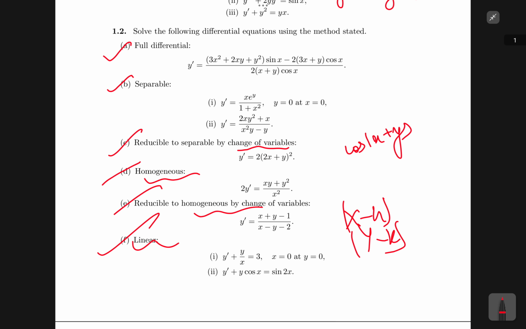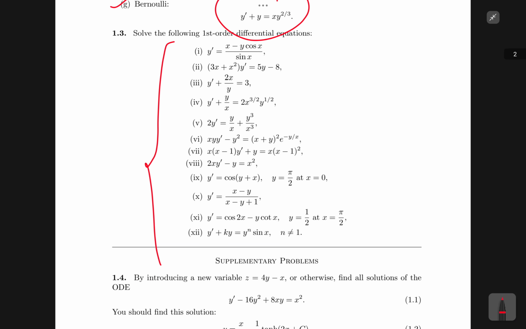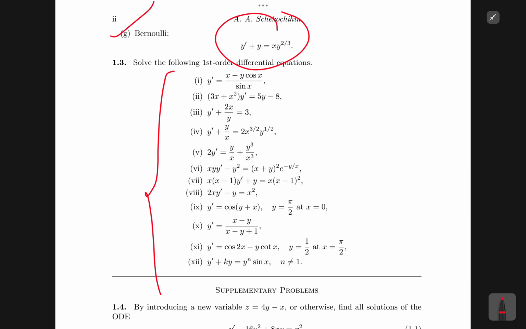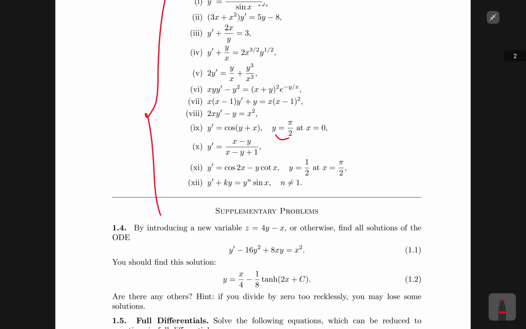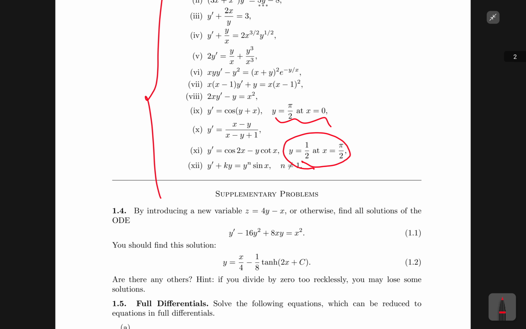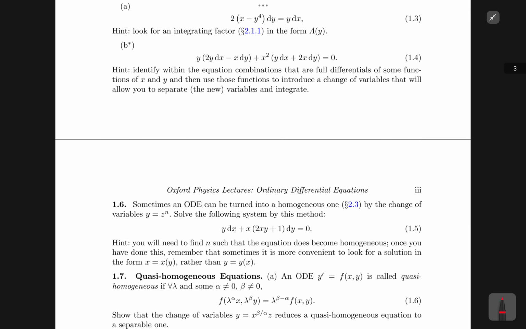Then linear, obviously, and then Bernoulli. So this is one last thing that many people leave, but you shouldn't. So yeah, I think if you do that, that's pretty much enough. Also, yeah, you also have to find the exact value of the functions on these, and otherwise, yeah, you can check out more.